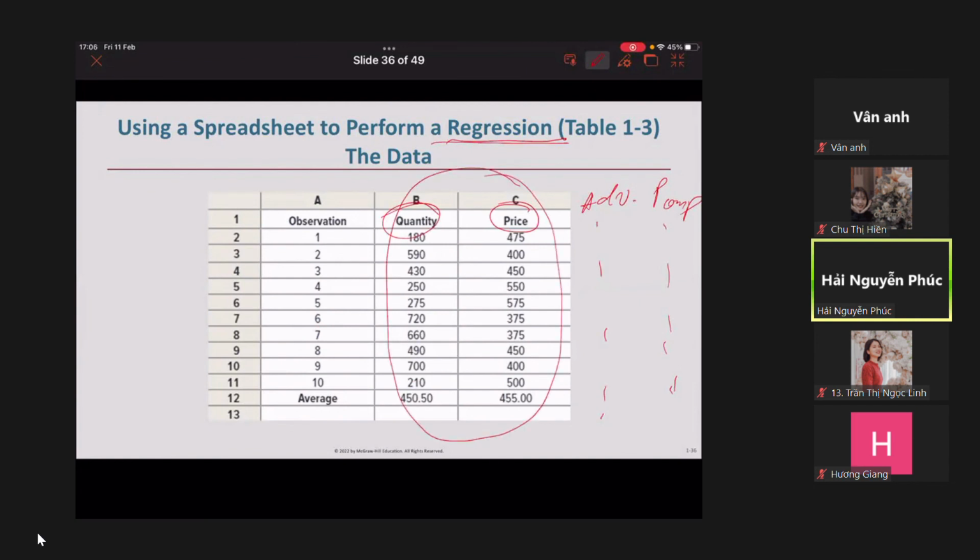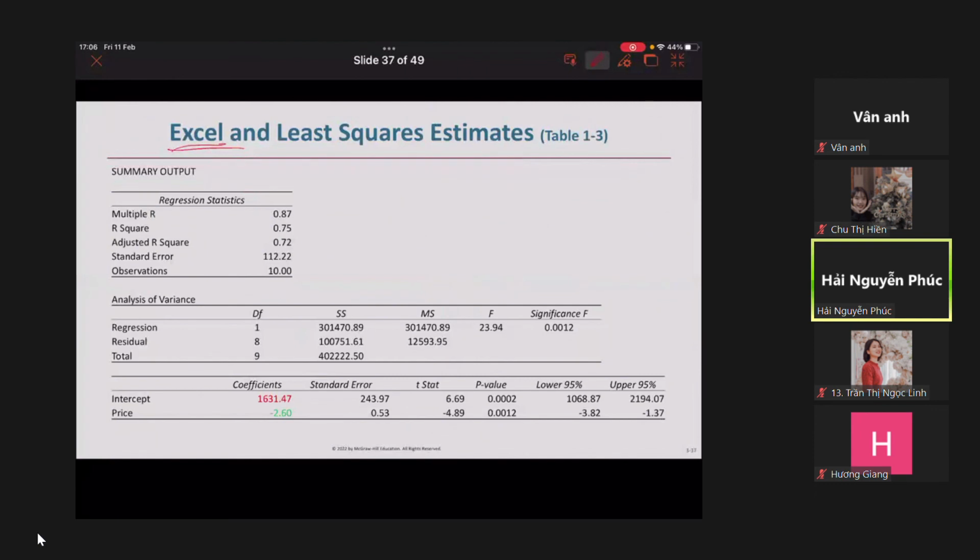The quantity demanded is the dependent variable. Here is the independent variable, our control variable. If you run the regression, you will find the coefficient, and you can see that this number is negative, which gives you a hint about the negative relationship between the price and the quantity demanded.